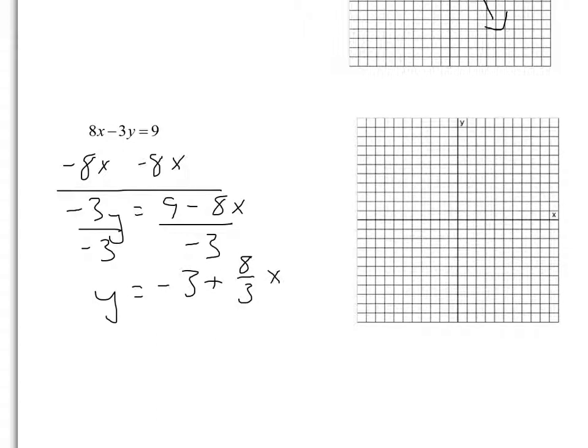If you want to put that exactly in slope-intercept form, you can change the order around. 8/3 x minus 3. So the y-intercept is negative 3, so I'm going to go down here to negative 3 and make a dot. And the slope is up 8 over 3. So up 3, 4, 5, 6, 7, 8 over 1, 2, 3. There's my second dot. So connect those, and you have your line.